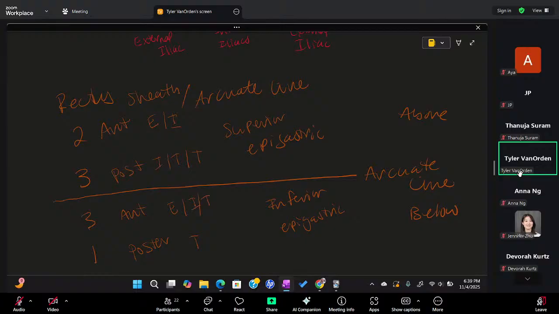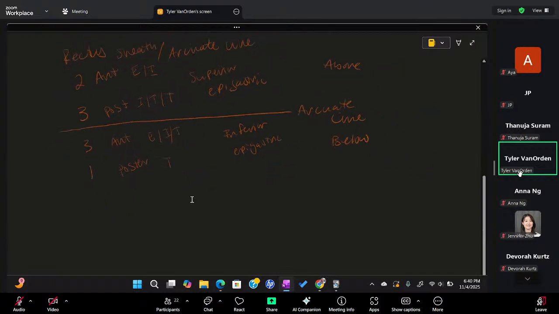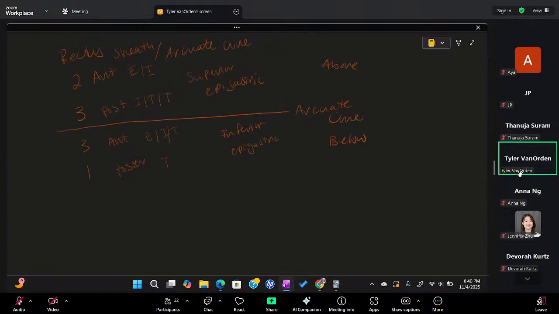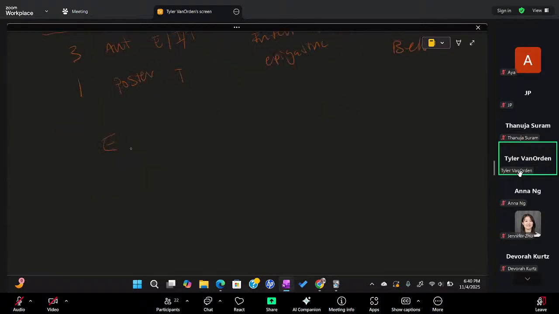So those are referring to the muscles and the fascia at the arcuate line that make up the rectus abdominis muscle and then that sheath. So the E, if this is confusing, I'll just stop. But this is how I did it, and it got me a lot of points on the exam. But the E is, sorry, this pad is so annoying. E is the external oblique.